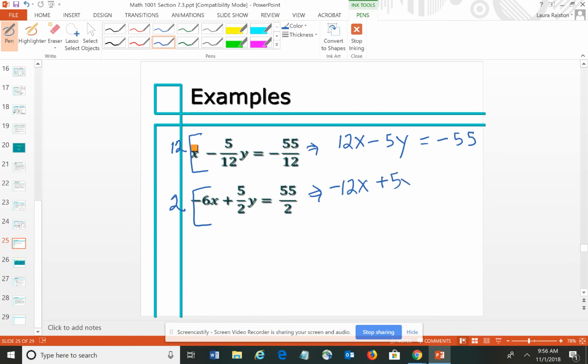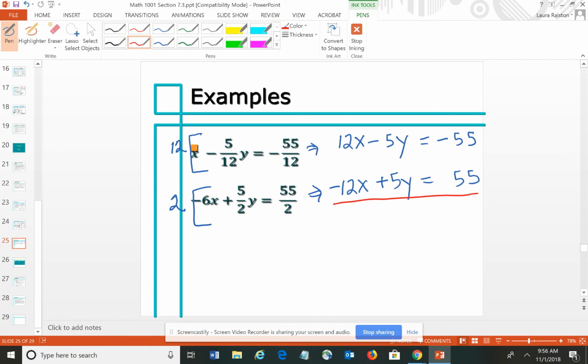Well, when I finished that, I noticed that I have opposite coefficients on the x, and actually also the y. So here's what's going to happen.